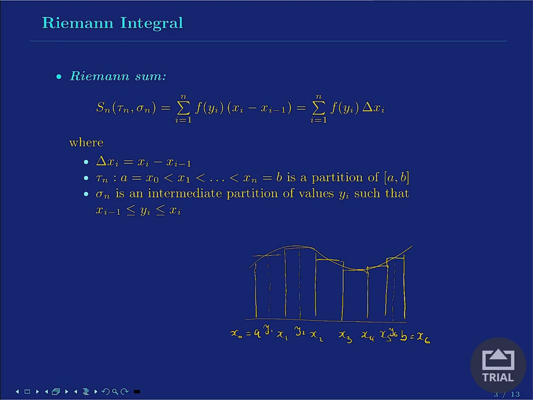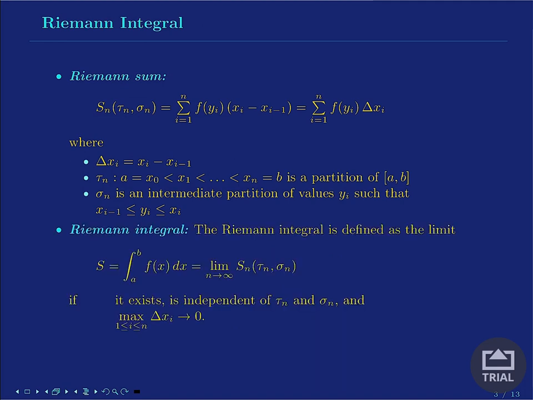And as we let the length of the intervals shrink, irrespective of the points that we choose, we get one limit, which is called the Riemann integral. So the Riemann integral is defined as the limit of this Riemann approximating sum.